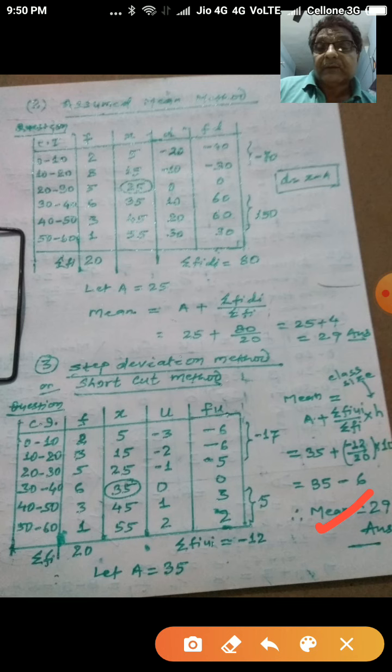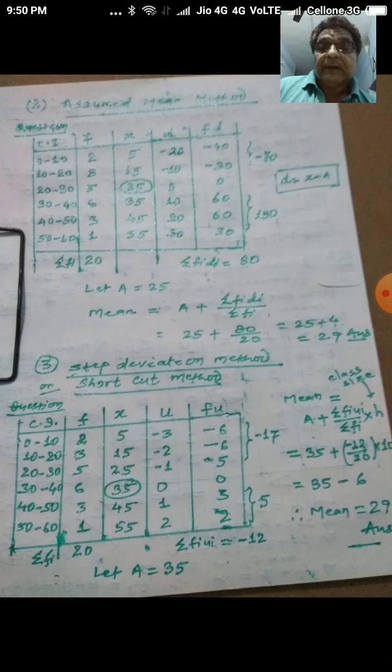When you calculate u, in the case of x where you have assumed a, you will get 0, and above 0 in every question it will always come -1, -2, -3, and below 0 it always comes 1, 2, 3.